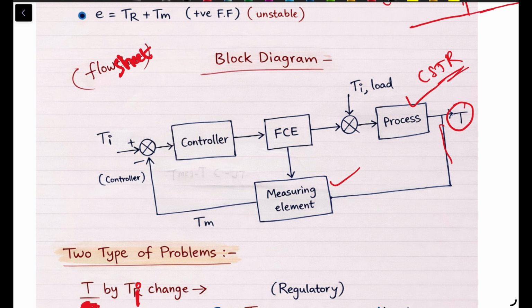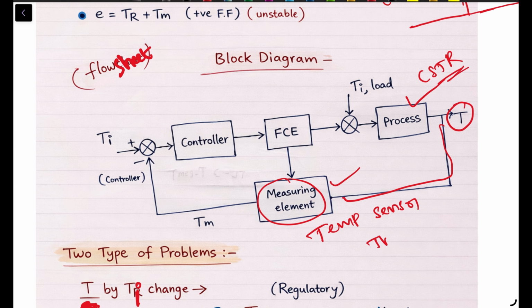So definitely the next component will be the measuring element. The measuring element measures the process variable. In our case, the temperature sensor is the measuring element.